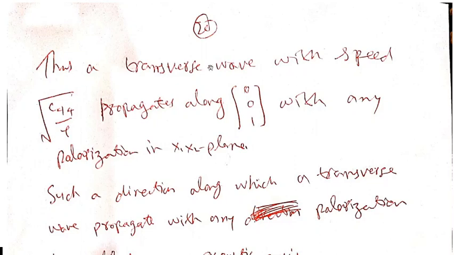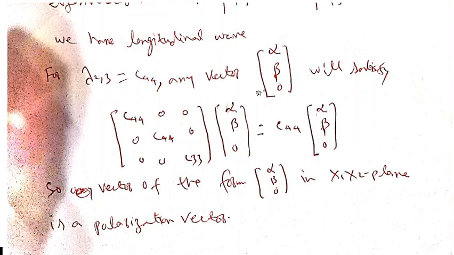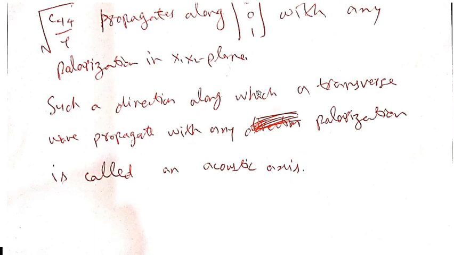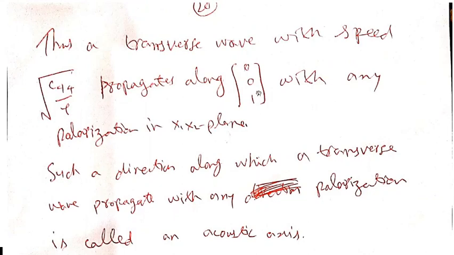So here it is written: we have a transverse wave with speed square root of C44 over rho, propagating along n equal to 001, with any polarization in the x1 x2 plane.